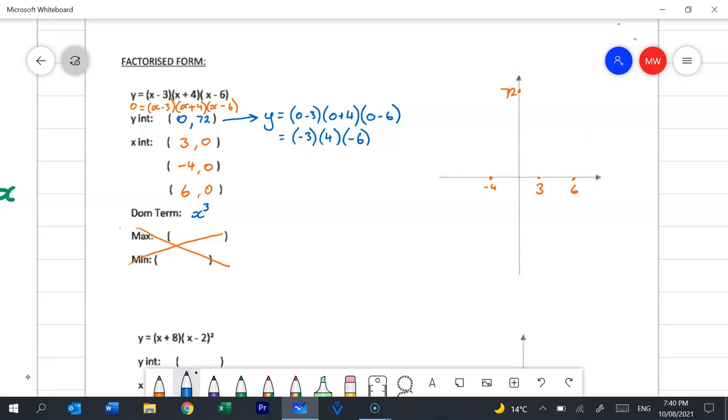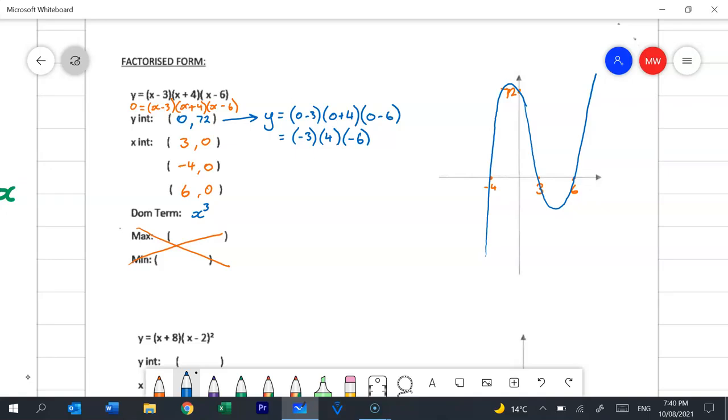And so when this one gets drawn, what happens is it shows a positive trend. So it's still going this way, but it goes up through the -4, turns, comes down through the 72, down through the 3, back up through the 6, and it looks like this.